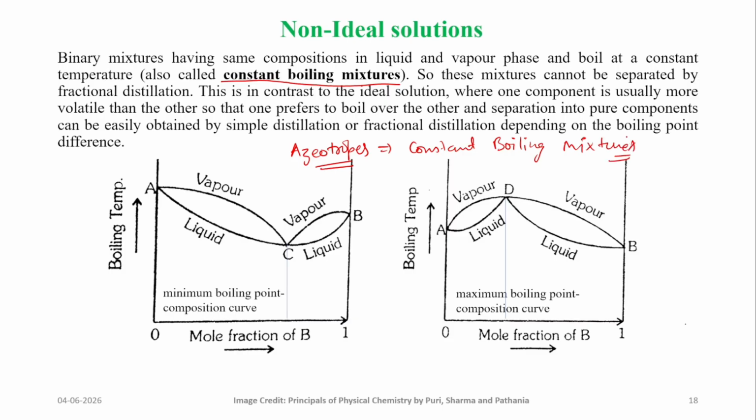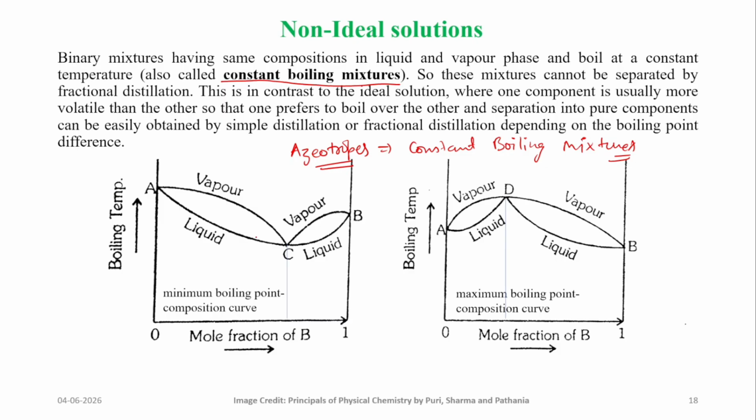That means these are mixtures which boil at the same temperature, and they even have the same composition in the vapor phase. That is why it becomes very difficult to separate them, because they convert into the vapor state at the same temperature.